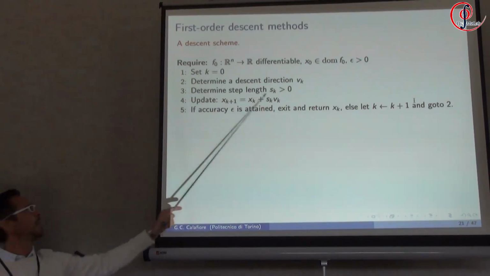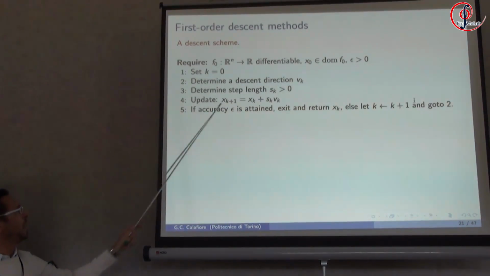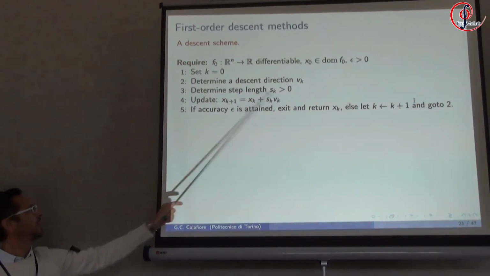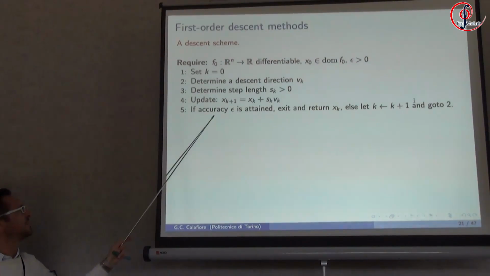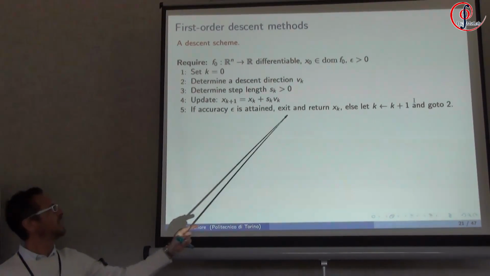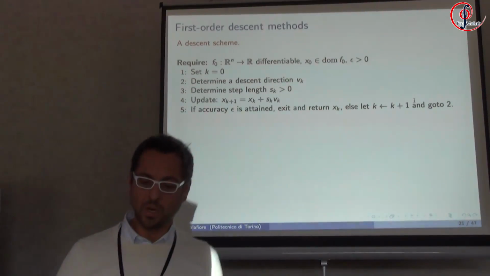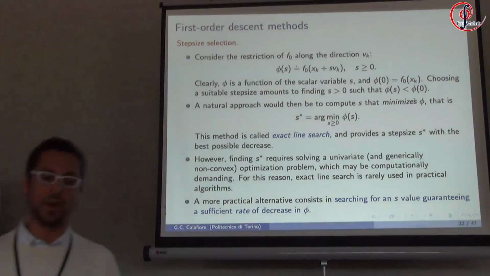We determine a step length sk. I'll show you how. We update the current point to the next one according to this simple iteration, and we check some exit condition. If some accuracy is obtained, then we exit and return the current solution. Otherwise, we iterate and go on like this, and hopefully we converge somewhere.